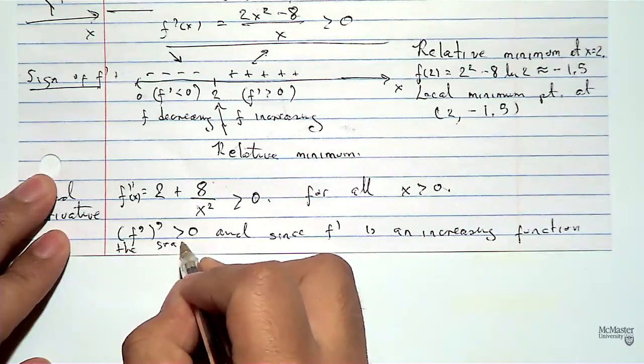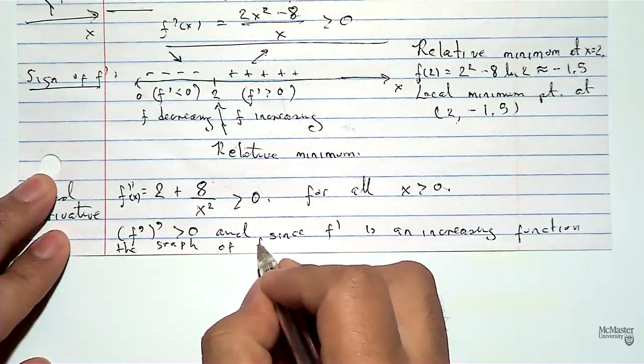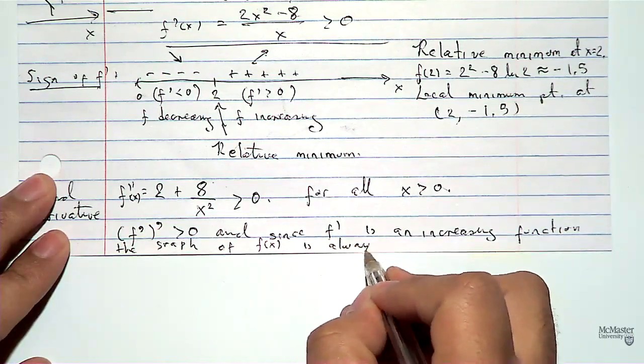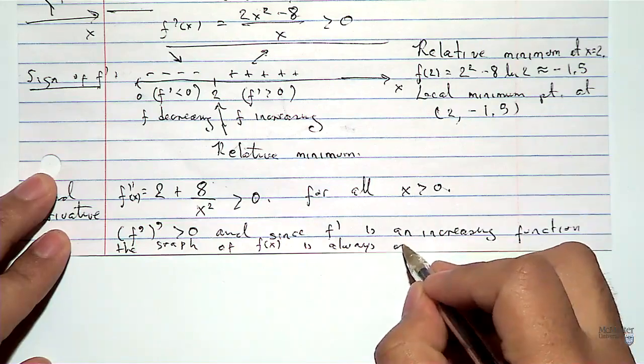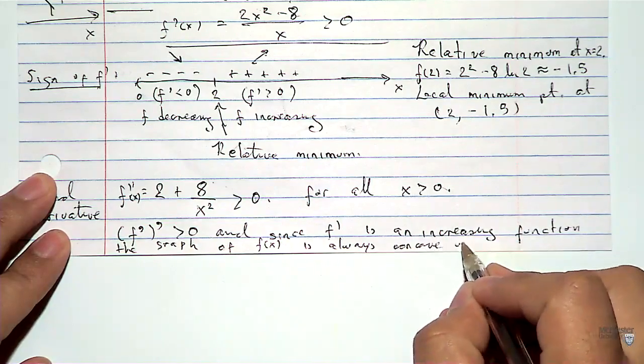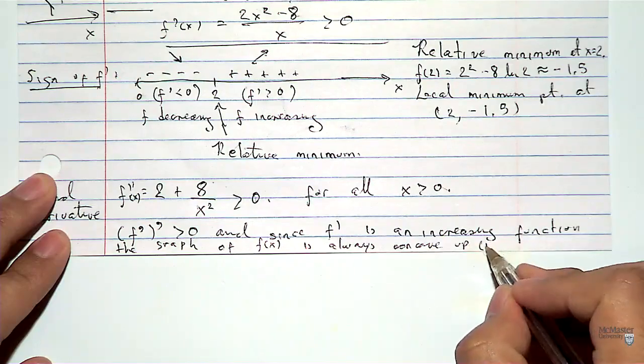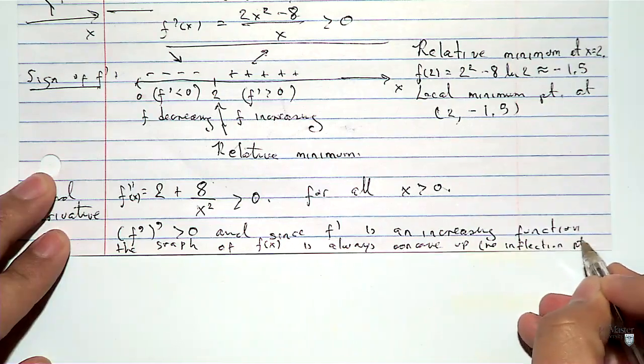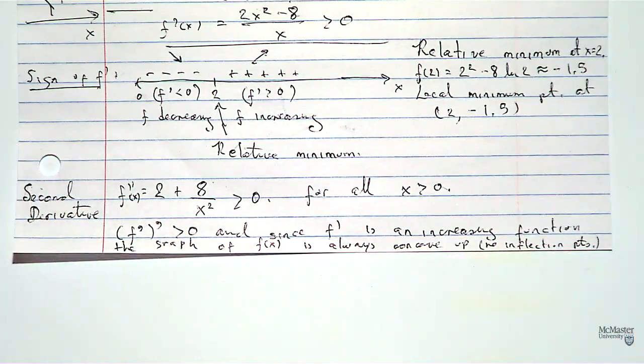the graph of f of x is always concave up, meaning that you don't have inflection points. But what do we mean to say? Think about it. We have f double prime, which is f prime prime, right? So you're taking the derivative of f prime, so that means you're studying the behavior of the derivative of the function.